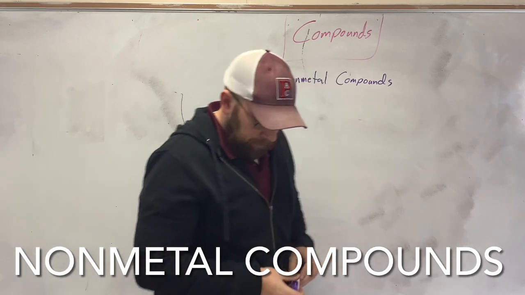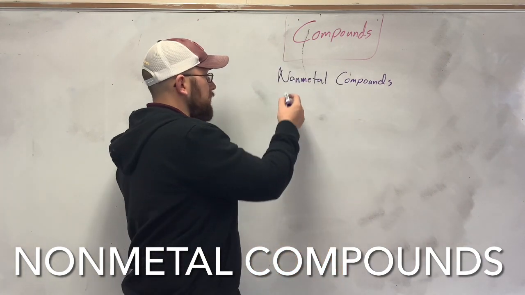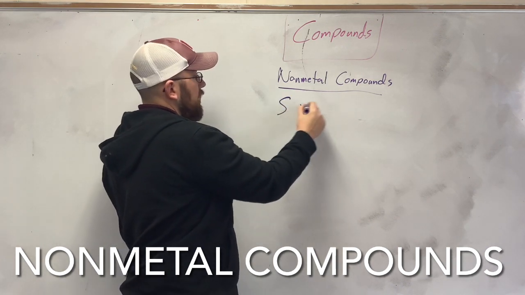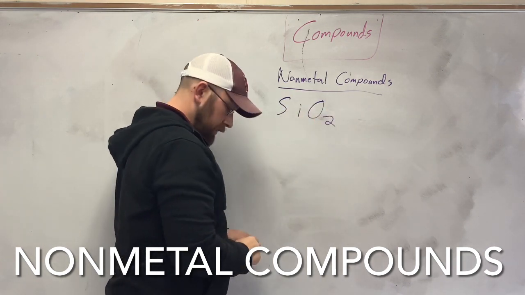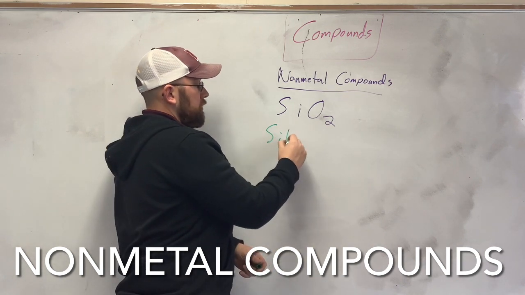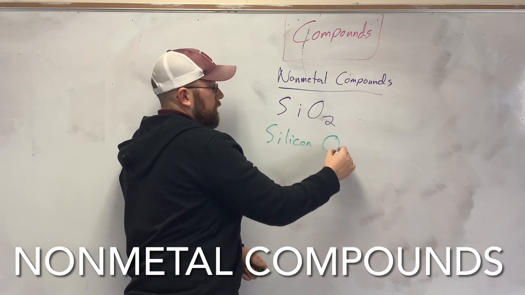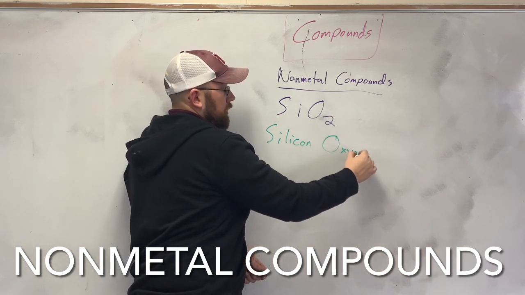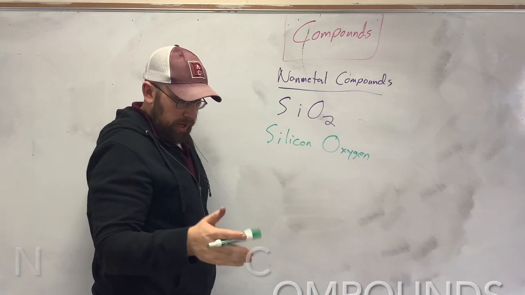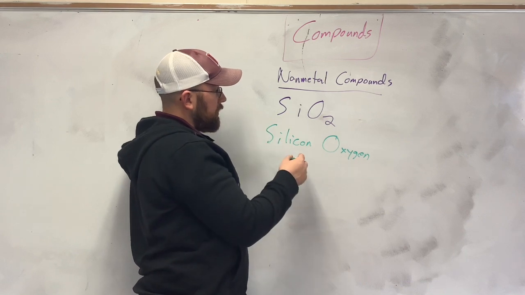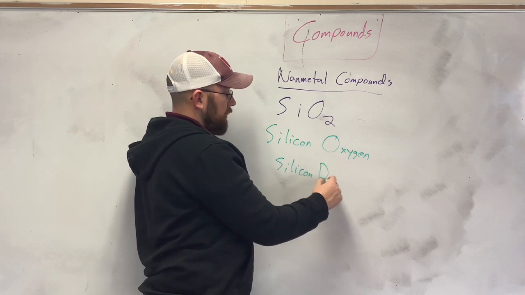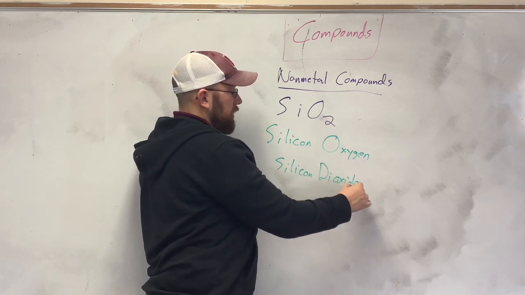I find it's best just to do examples for these. SiO2, that's silicon and oxygen. I'm going to add the di to it. Silicon and oxygen, so you'll say silicon dioxide is your answer here.